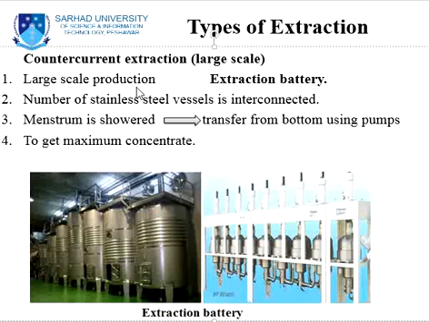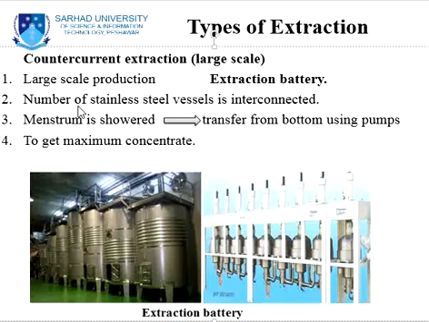When a large amount of medicinal crude drug needs to be processed, the countercurrent extraction is mostly preferable, and this large scale extraction is mostly called the extraction battery. In this method, a closed system containing a number of stainless steel vessels is interconnected through pipes in which the menstruum is circulating.